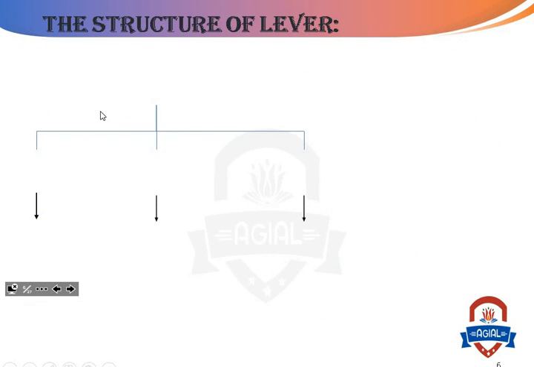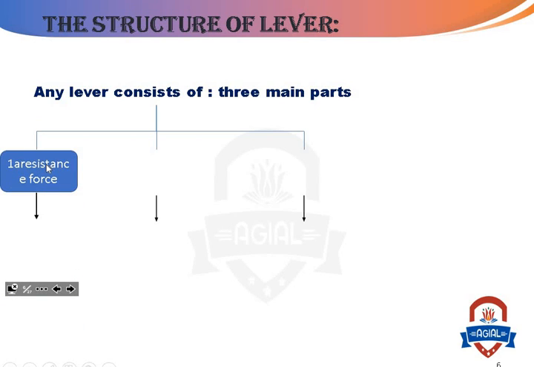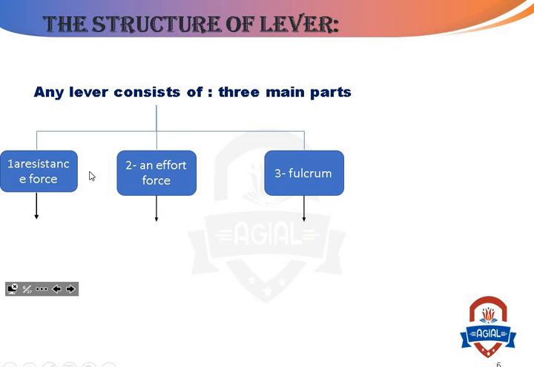The structure of a lever. Any lever consists of 3 main parts. Number 1, resistance force. 2, effort force. 3, fulcrum. The resistance force is the force resulting from the weight of the body that we want to move.